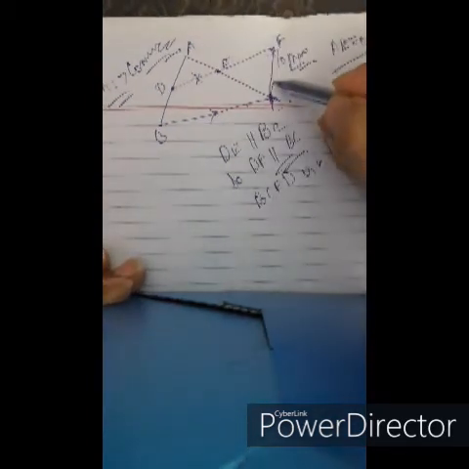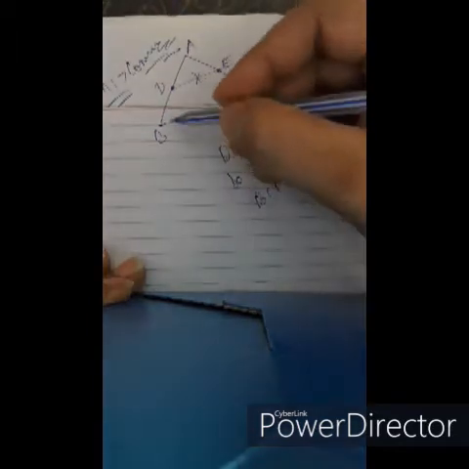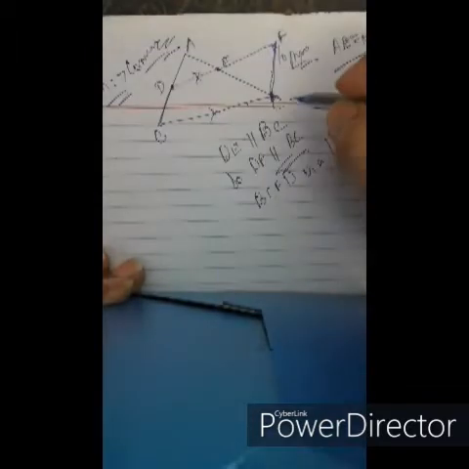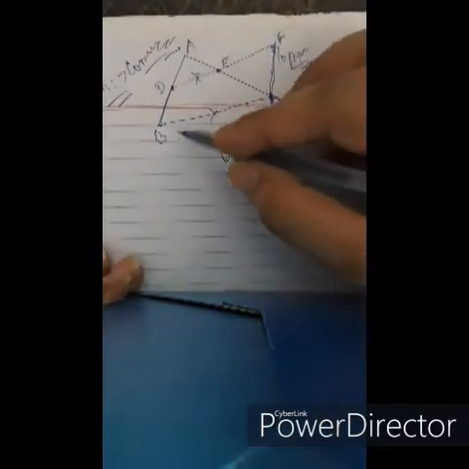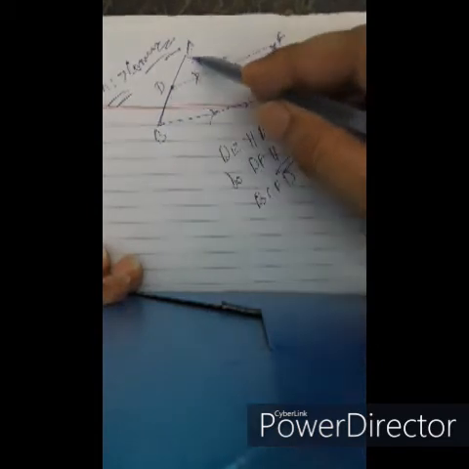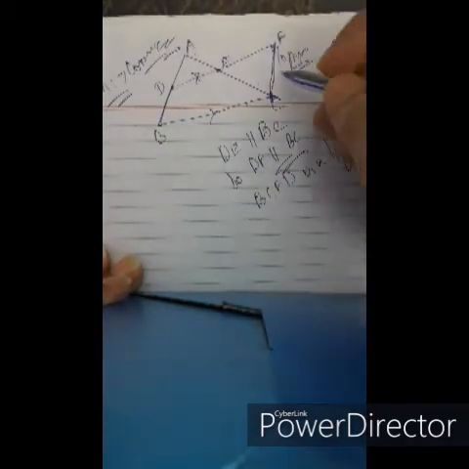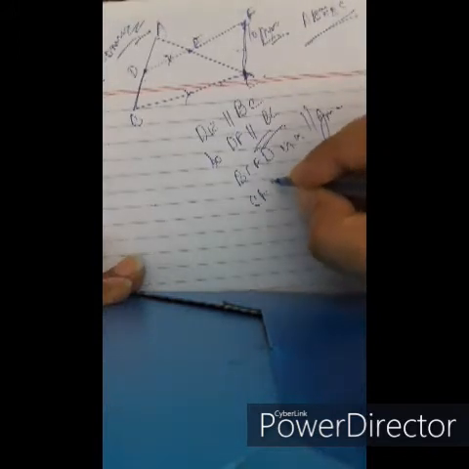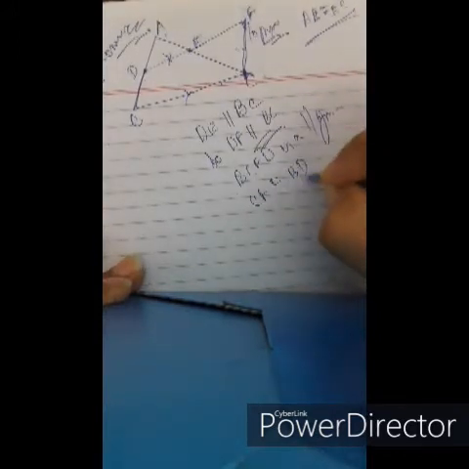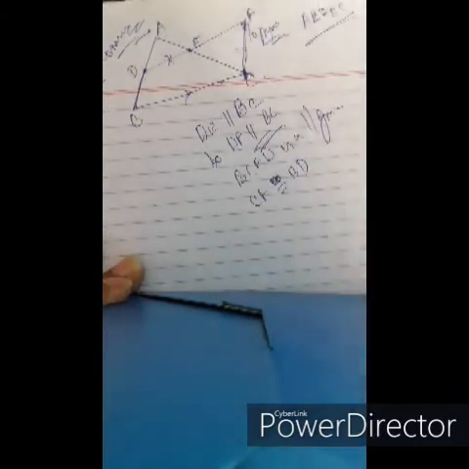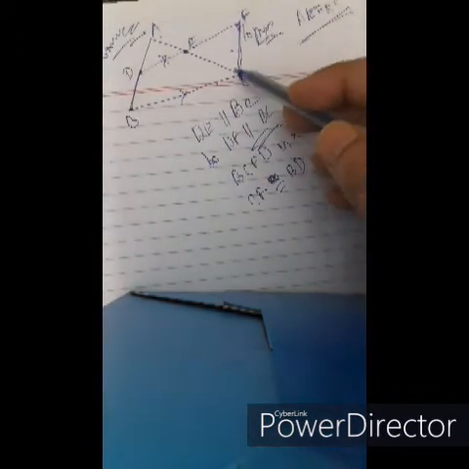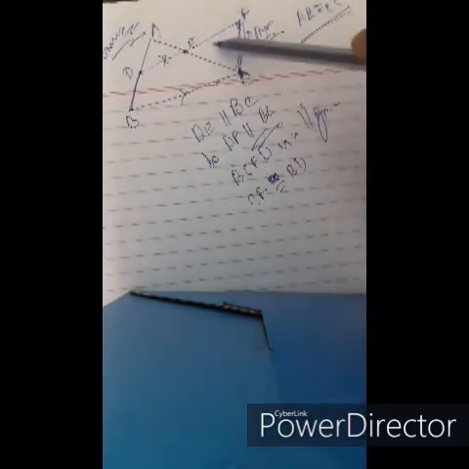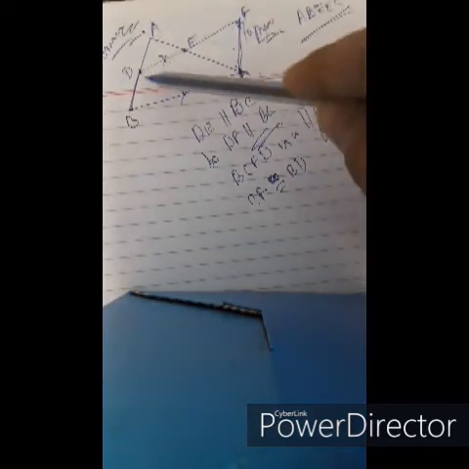Also we know CF equals BD. From the construction we have made it in such a way that DE equals EF and CF equals BD.